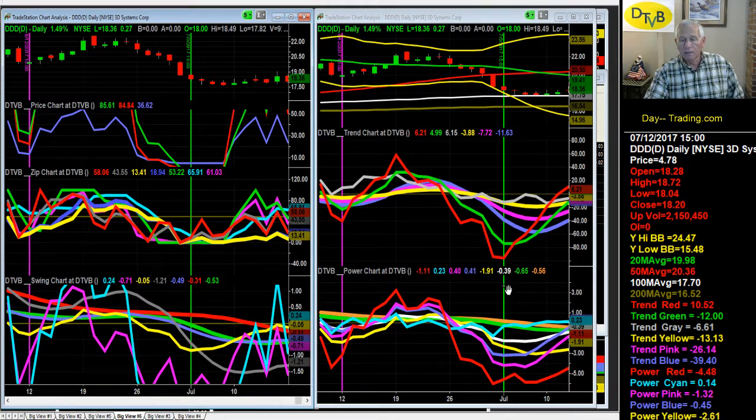If you look at the green vertical line in the power chart, you can see that power yellow is not lowest. It is scattered in amongst the other lines, and that tells us a significant amount of information.